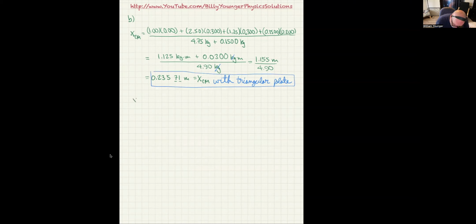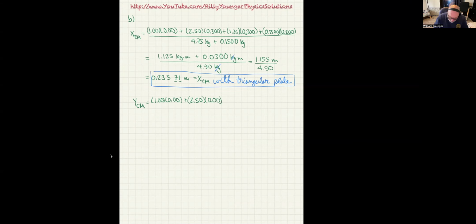Now, part B, Y center of mass, again, is going to be the same thing that we had on the top. It's those same numbers. I could write them out again. It would be 1.00 times 0.00 plus 2.50 kilograms times 0.00.